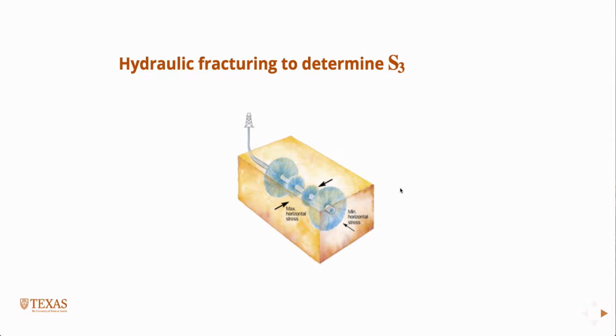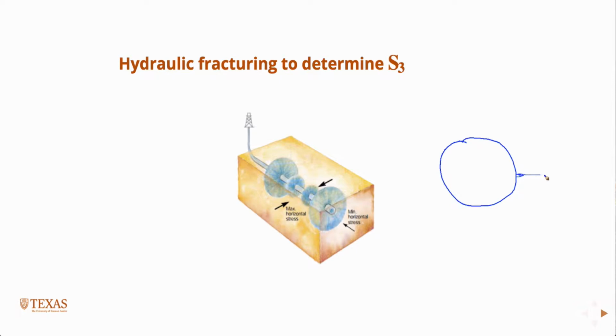So, hydraulic fractures will grow perpendicular to the minimum horizontal stress, because that's the minimum energy configuration, right? So if I have a well bore and I increase the pressure in the well bore such that I put the hoop stress into tension, then I can initiate a hydraulic fracture.